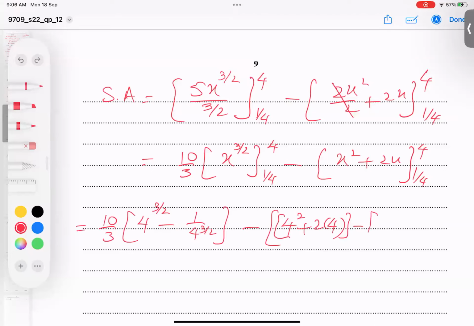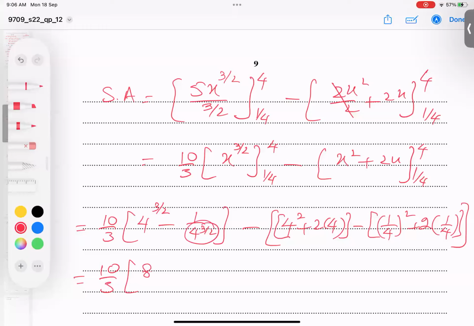It becomes 1 over 4 squared plus 2 times 1 over 4. This bracket starts and this ends, so that is clear. And when you apply this, the answer here is 10 by 3, and 4 to power 3 by 2 is coming 8.